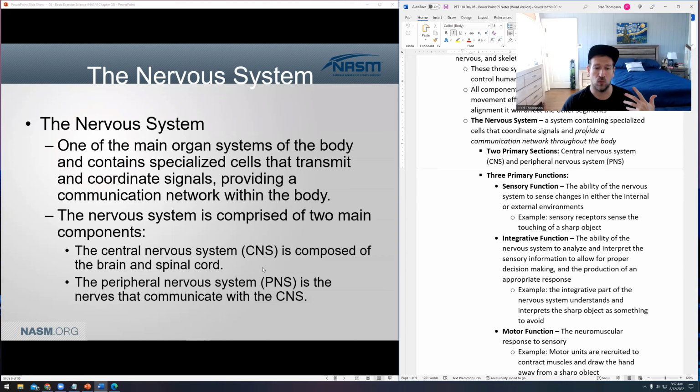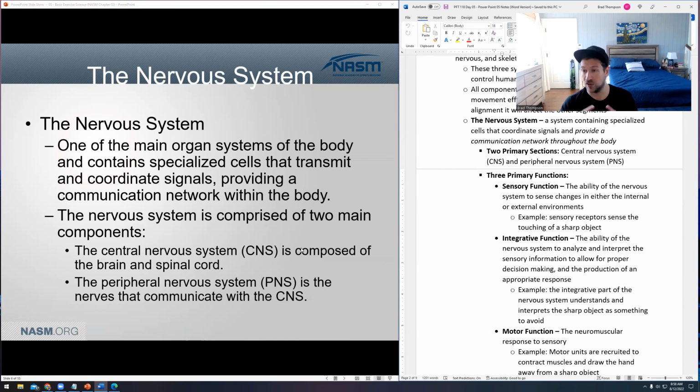We're going to divide this into two primary divisions, just like we saw yesterday. You're going to have your central nervous system, which is your brain and your spinal cord. And then we're going to have your peripheral nervous system, which is communicating with the rest of the body. The central nervous system is responsible for all of the decision making, and the peripheral nervous system is responsible for gathering information so that those decisions can get made, or carrying out the decisions that got made by the central system.